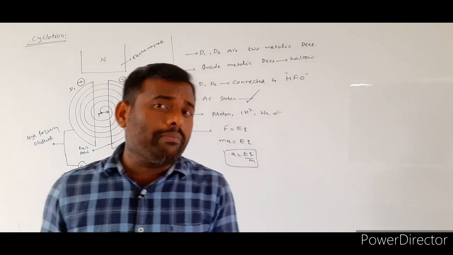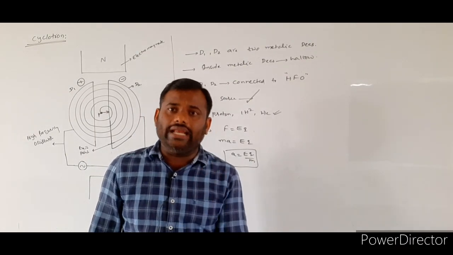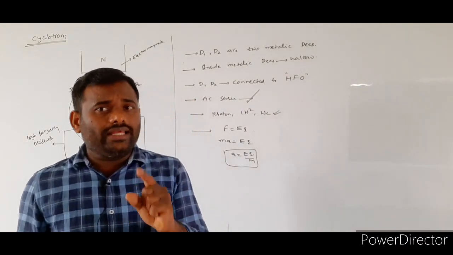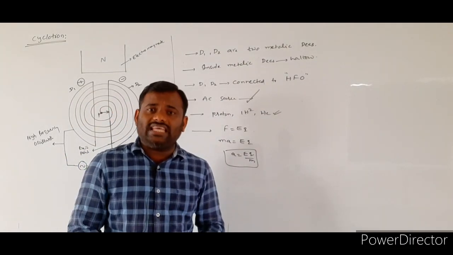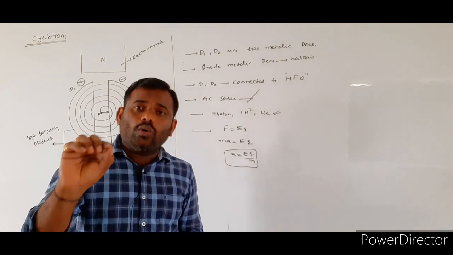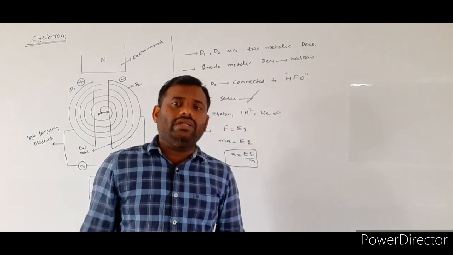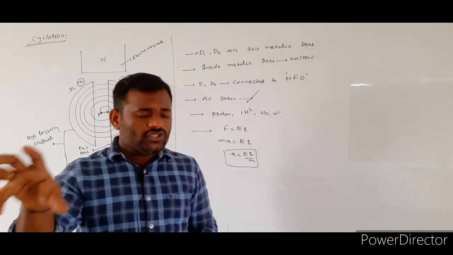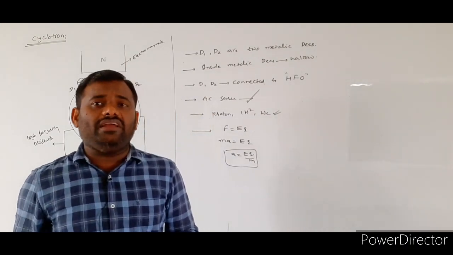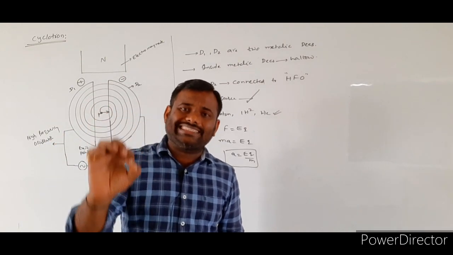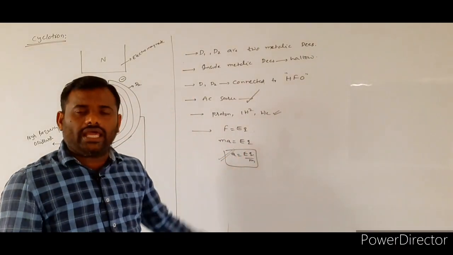So what point we have to remember? Whenever you are considering the electric field in the case of the cyclotron, its nature is that it only accelerates the charged particle. The electric field will be accelerating the charged particles, so like this we calculate the acceleration of the charged particle.